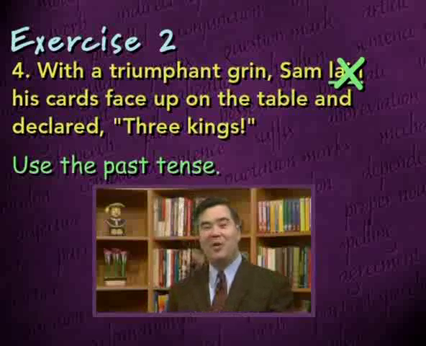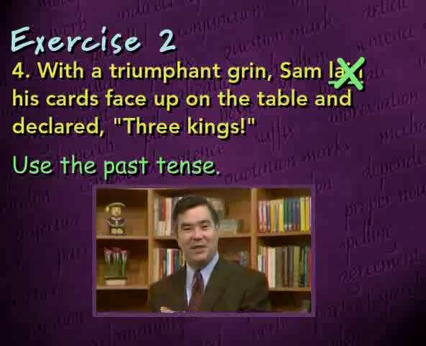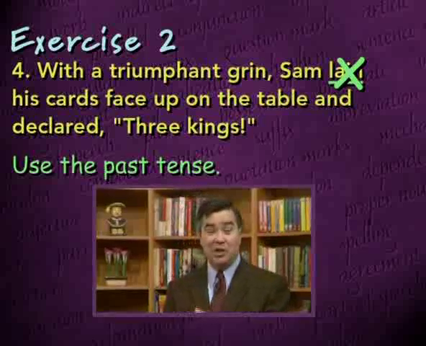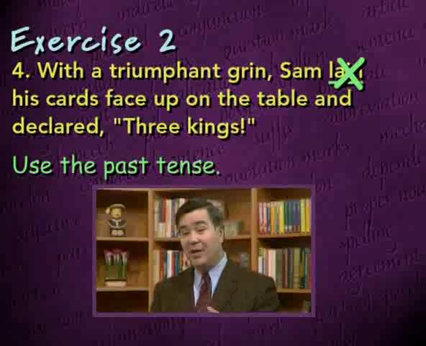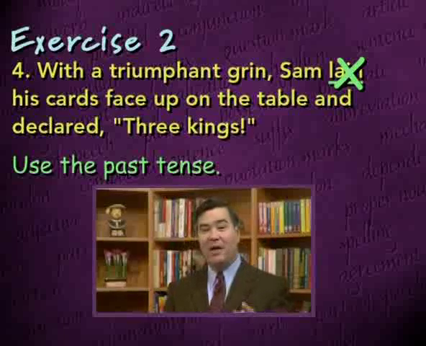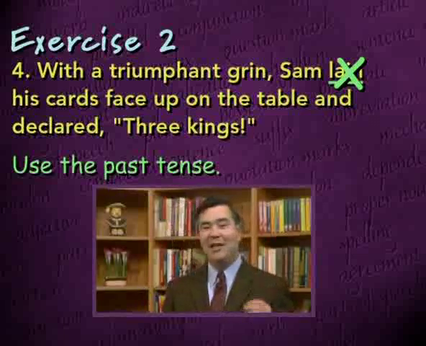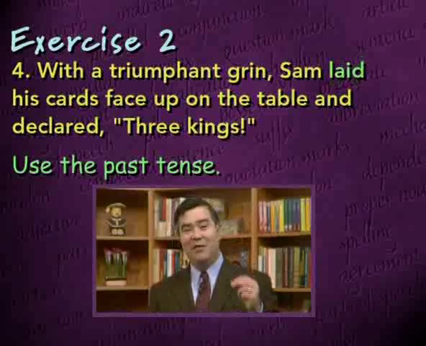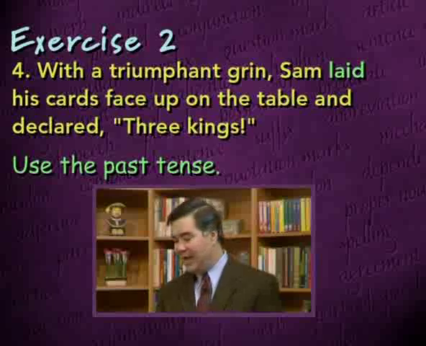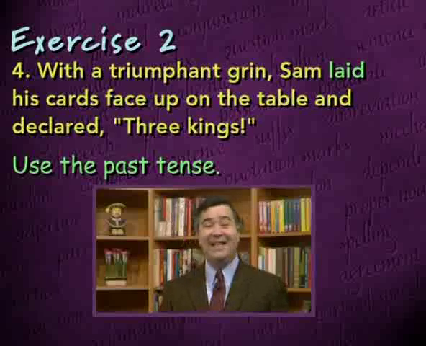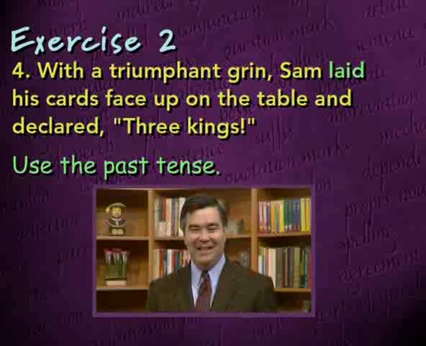Now, the regular verb declare has been presented to us in the past tense, which is correct, declared, but we need the past form of the verb to lay, which is not lain, but rather laid. Remember, the four principal parts of the verb to lay are lay, laying, laid, and laid.